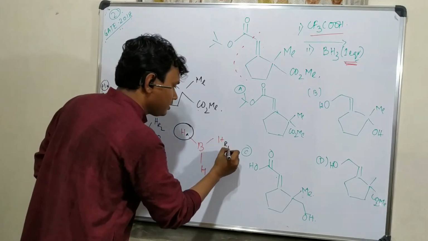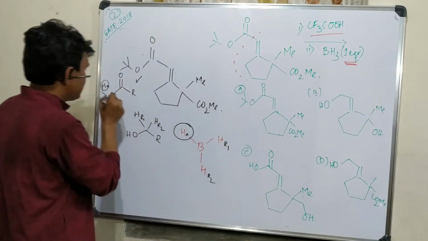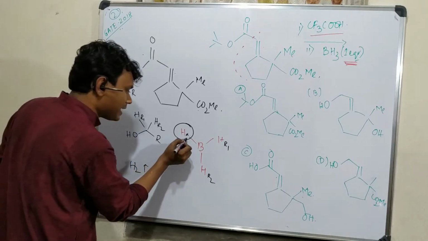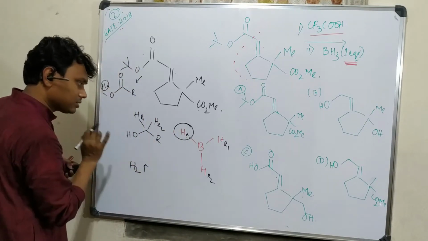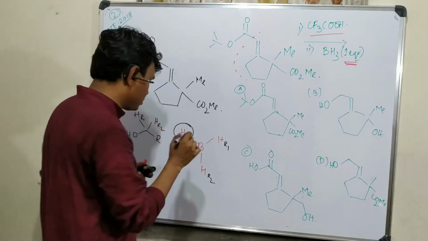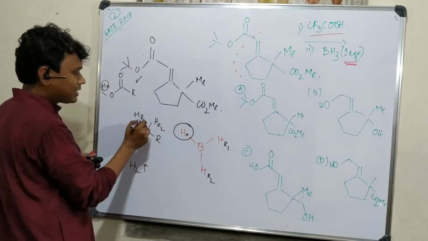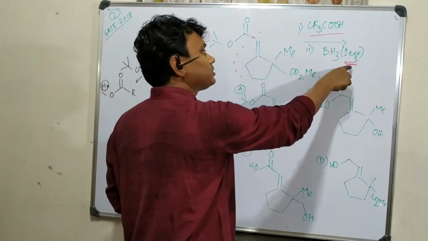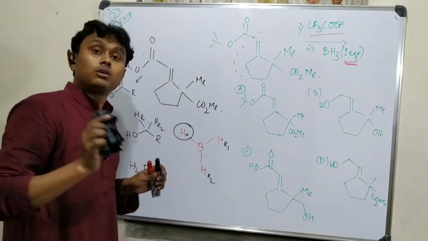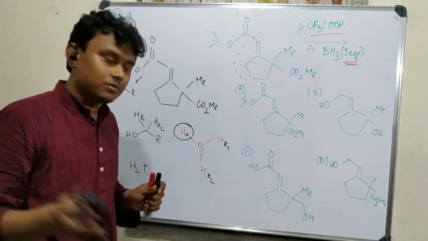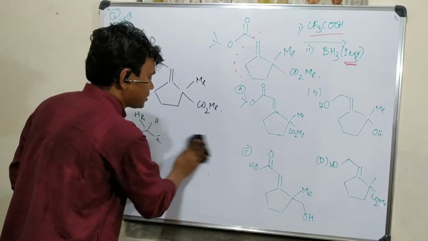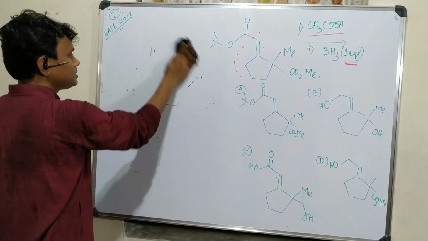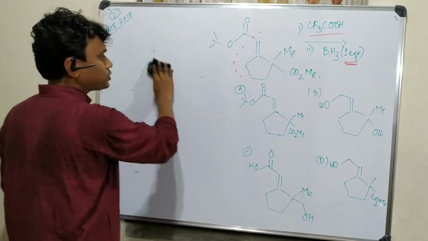This means 1 hydrogen molecule is produced initially, so 1 hydrogen count is gone. Second, both 2 hydrogens are utilized for this. So since it is mentioned in the reaction that 1 equivalent, all BH3 is gone. So further reduction or further hydroboration will not occur. So this is actually the trick.